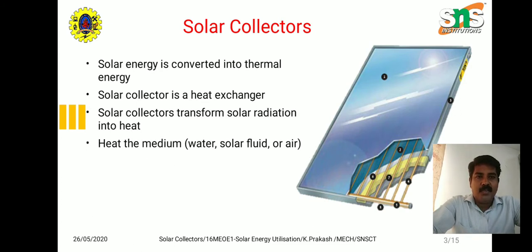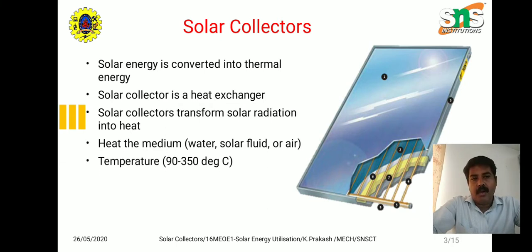In the example we discussed, the heat transfers from one medium to another directly, whereas in solar collectors we use water, air and solar fluid as mediums. The temperature obtained is from around 90 degrees to 350 degrees Celsius, varying according to the setups and the devices available.